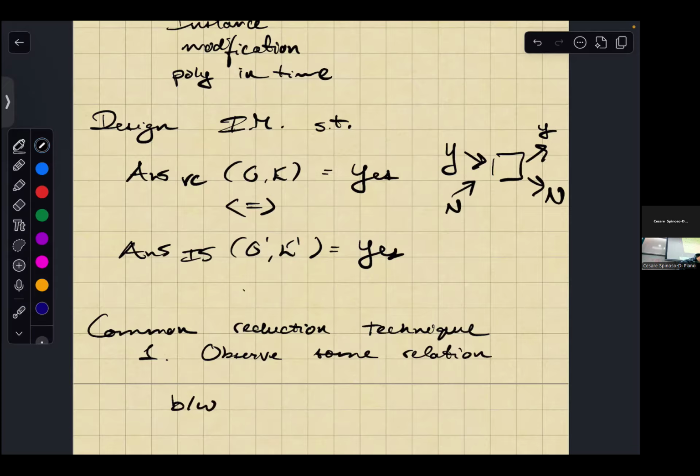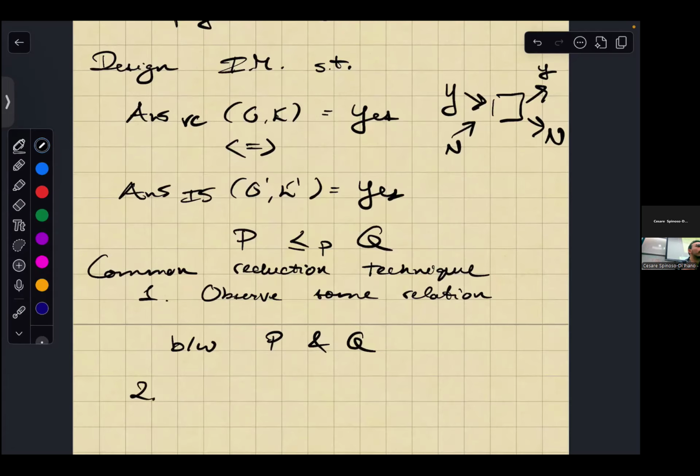So if you're trying to show P polynomial time reduces to Q, you observe some relation between P and Q, and then you implement that relation in the instance modifier.